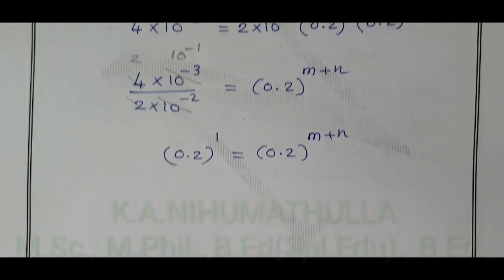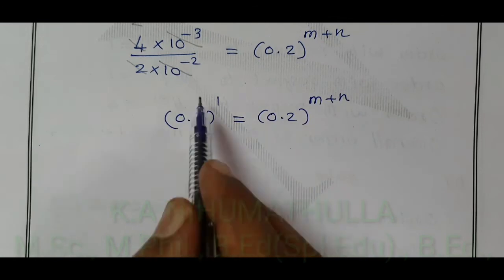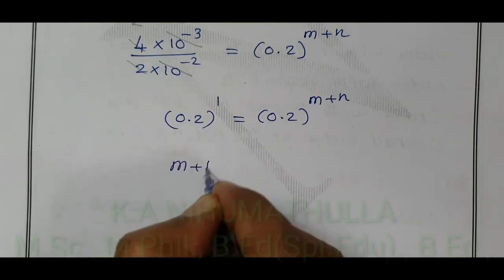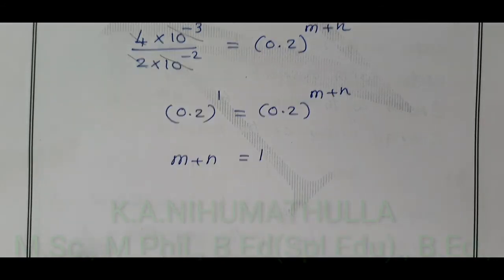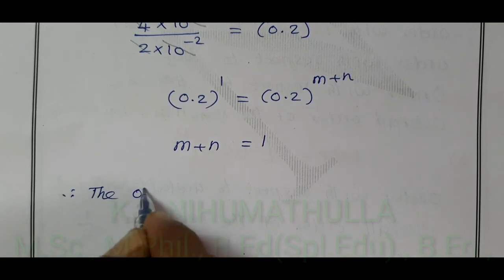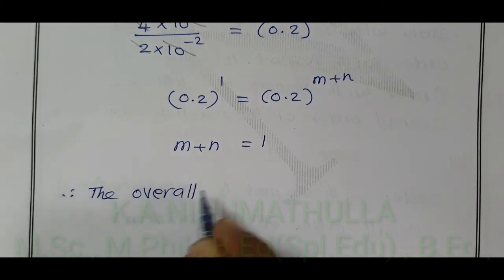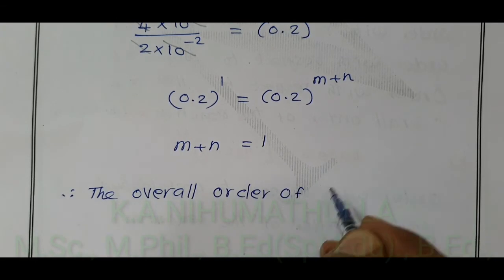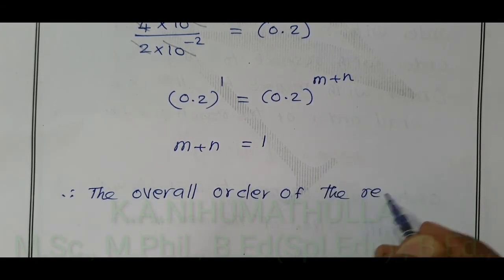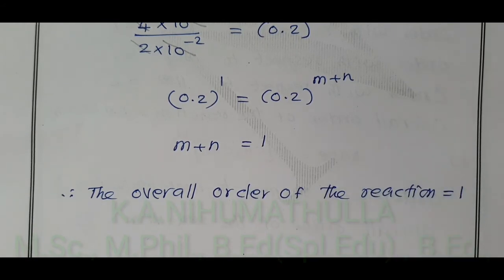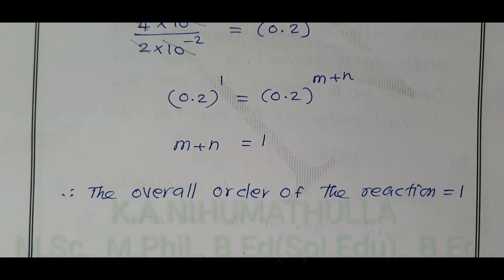On both sides the bases are equal, therefore the powers are also equal. m plus n equals 1. So, from this we can write the result: the overall order of the reaction is m plus n, that is equal to 1. This is the answer.